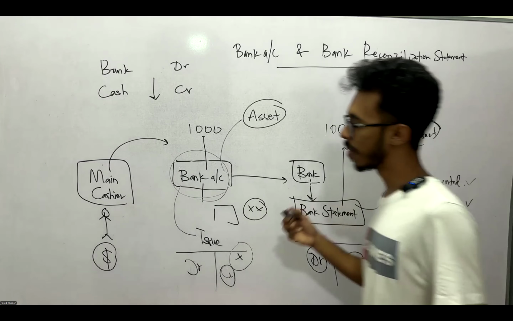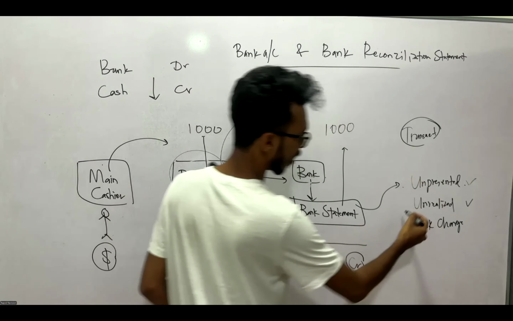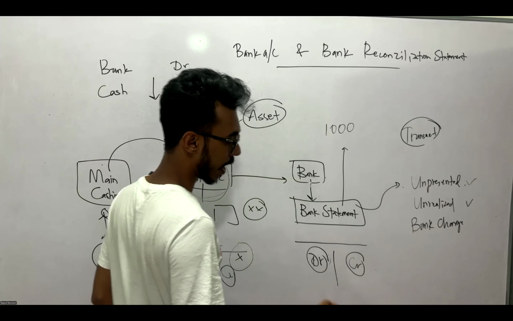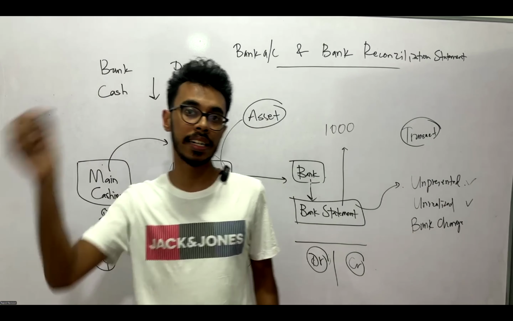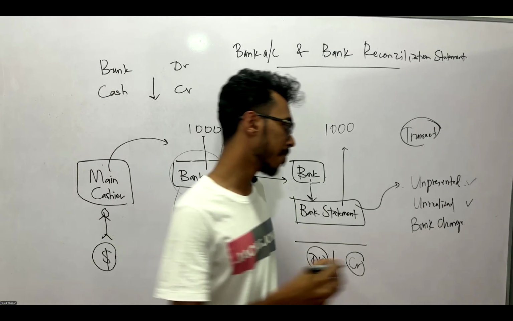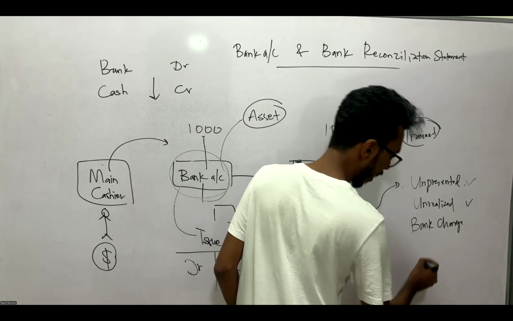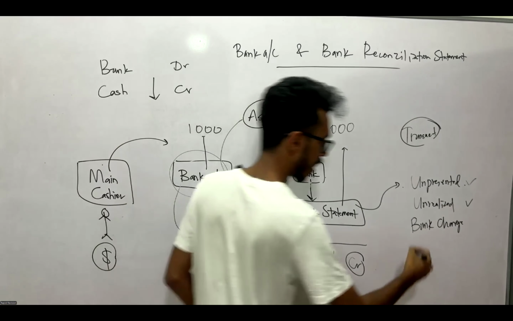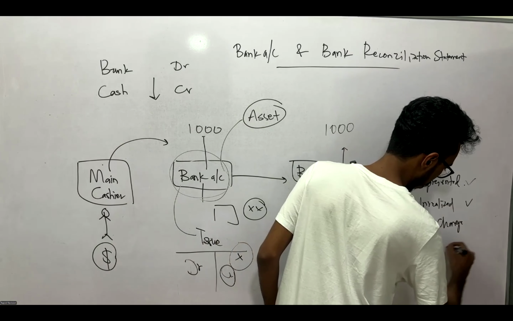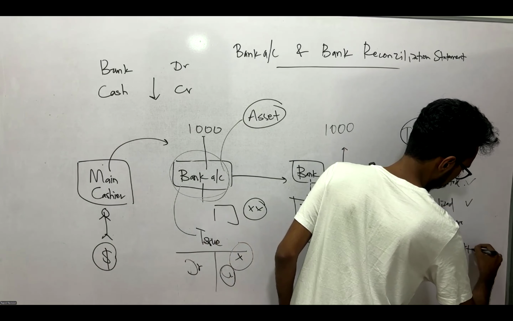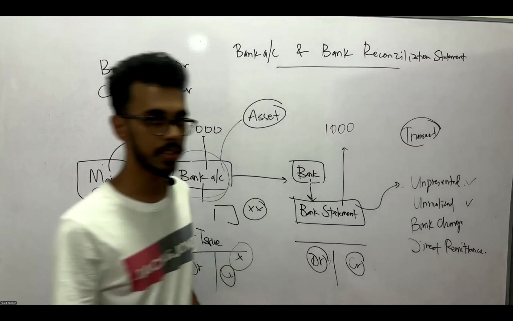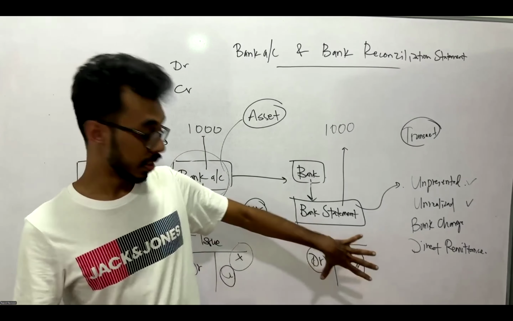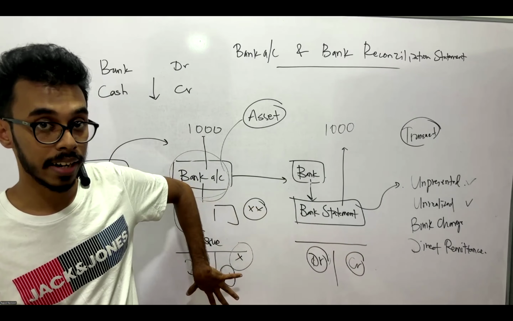Unpresented checks, unrealized checks, bank charges. Bank charges come under direct expenses. Direct expenses again, cash, bank account, statement.